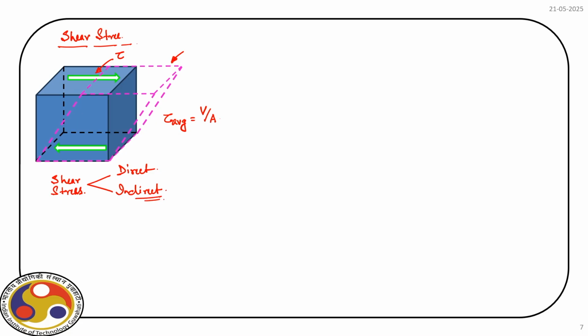But one thing you must note is that shear stress acts along two planes which are parallel. So, along this plane and the one at the bottom, these are the two planes along which this force is acting, which are equal in magnitude, but opposite in direction.